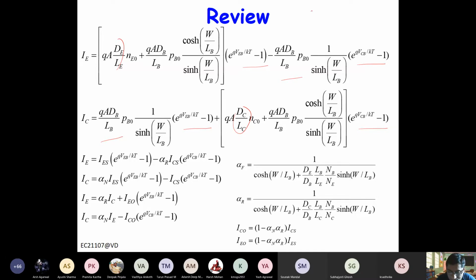So we wrote one diode like this and one diode like this. This was emitter, this was base, this was collector, and then we put one controlled current source here.